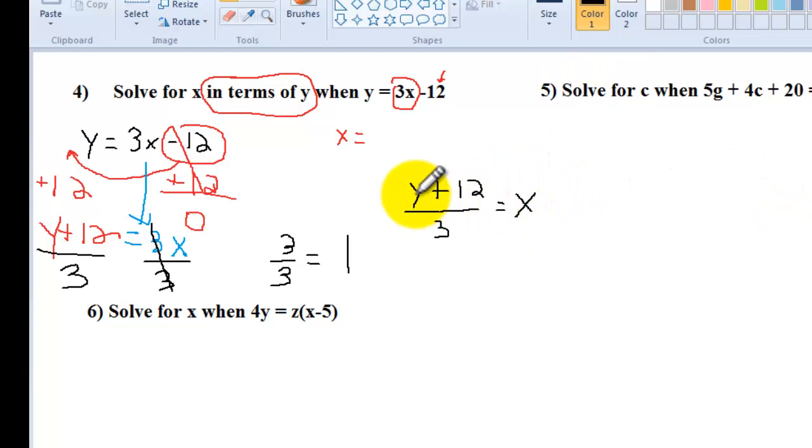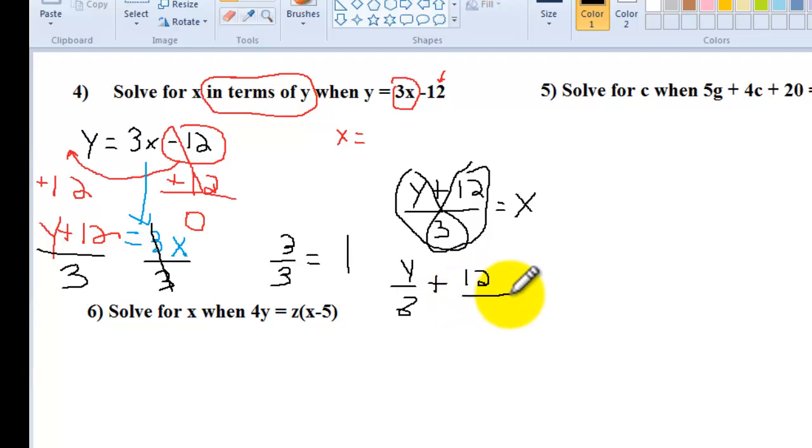This can be simplified further by putting this into 2 separate fractions. And this is also a good habit to get into, because when you simplify later, you will have to do a lot of this. Y over 3 plus 12 over 3 equals x. And what that does is it makes this a 4. But it's y over 3 plus 4. A common mistake is people will just cancel that and go, oh, y plus 4 equals x.